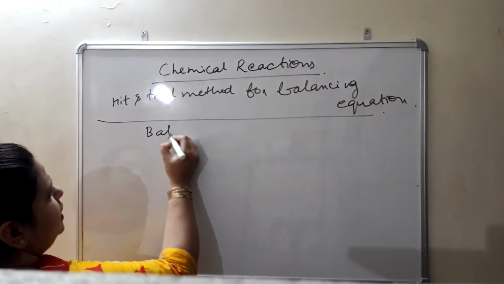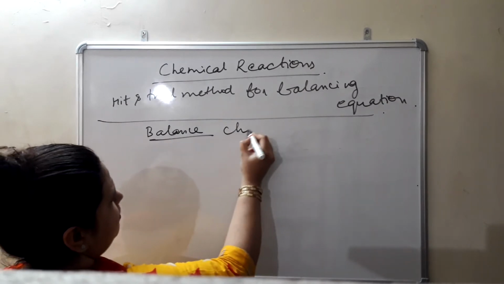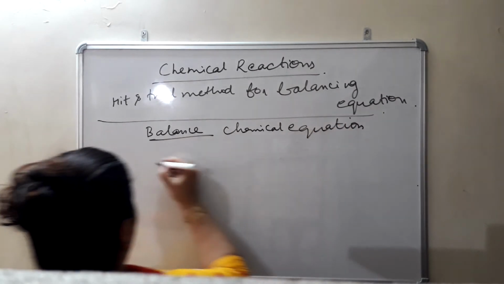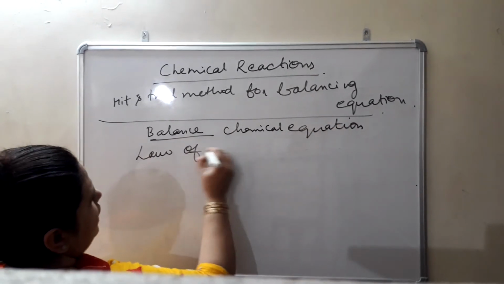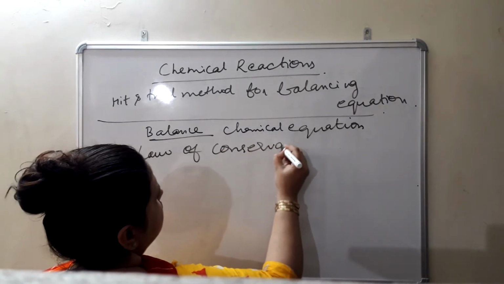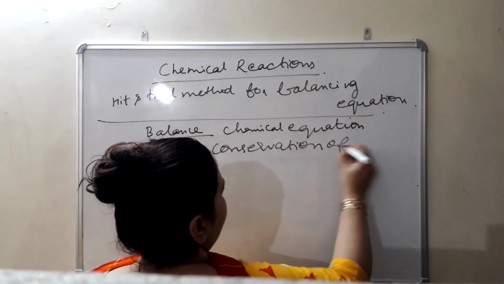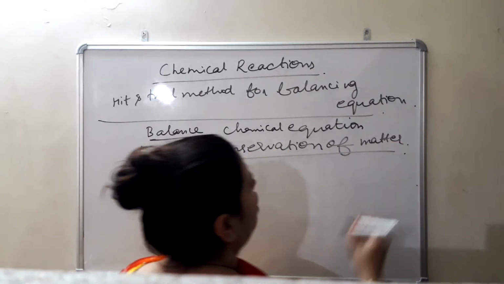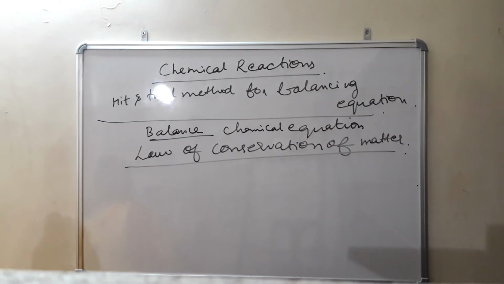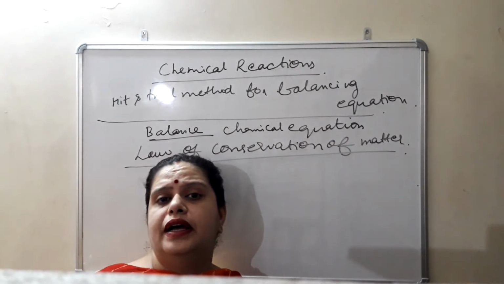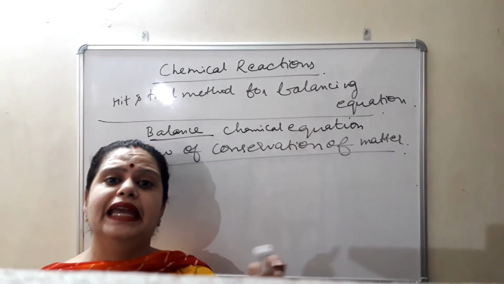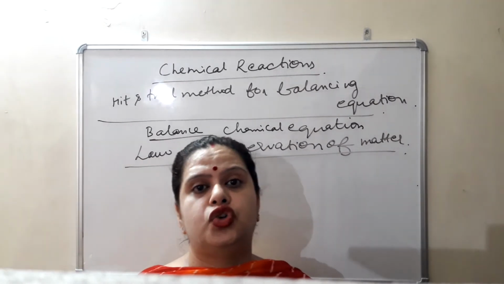Now the answer is, we balance chemical equation to follow the law of conservation of energy or matter or mass, which states that energy can neither be created nor be destroyed.